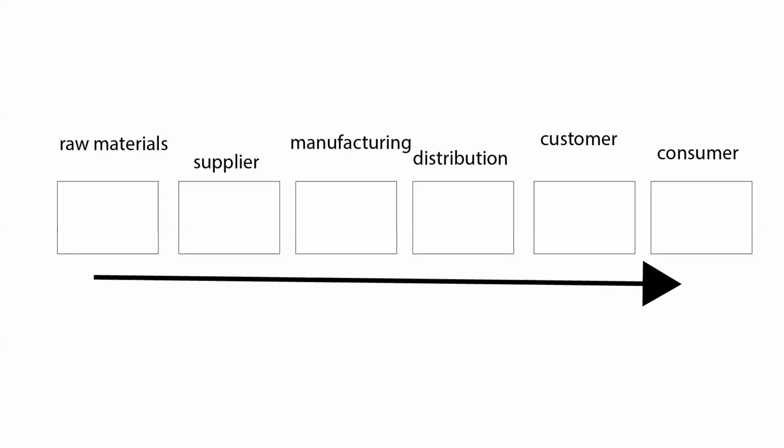And then we're back to what we have. We have raw material. Someone is supplying, manufacturing, distributing, customer, consumer. So it's a supply chain. And if in this whole chain we exchange data, so there's more information, then we can optimize in different ways.